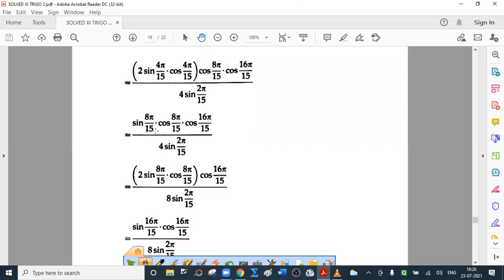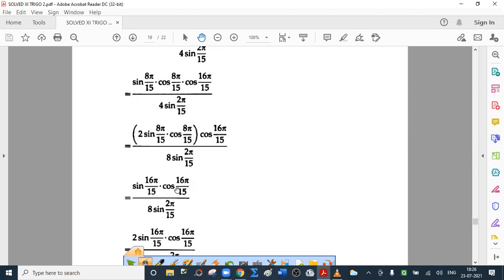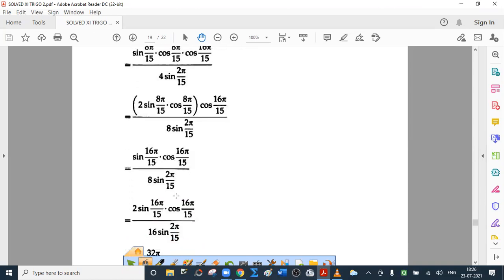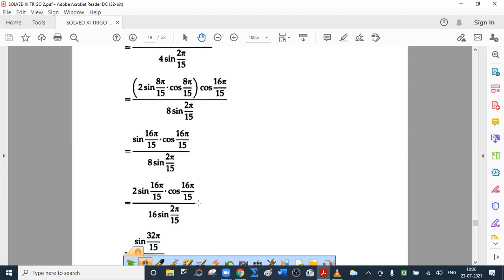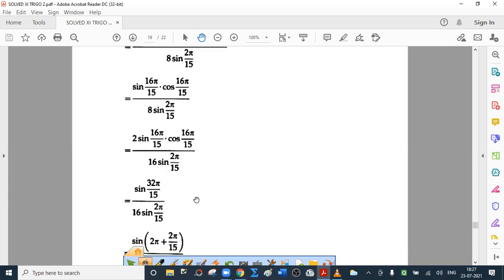So 2 sine 8 pi upon 15 into cos 8 pi upon 15 is sine 16 pi upon 15. Again multiply by 2, numerator and denominator. Now 2 sine 16 pi by 15 into cos 16 pi by 15, 2 sine theta cos theta is sine 2 theta. So sine 32 pi upon 15.